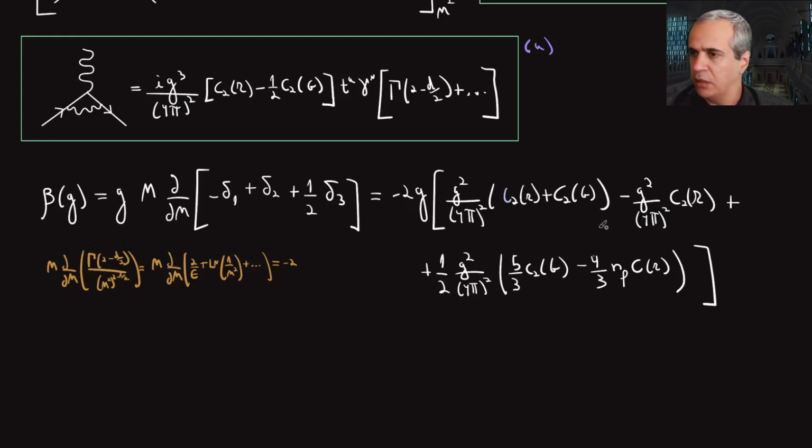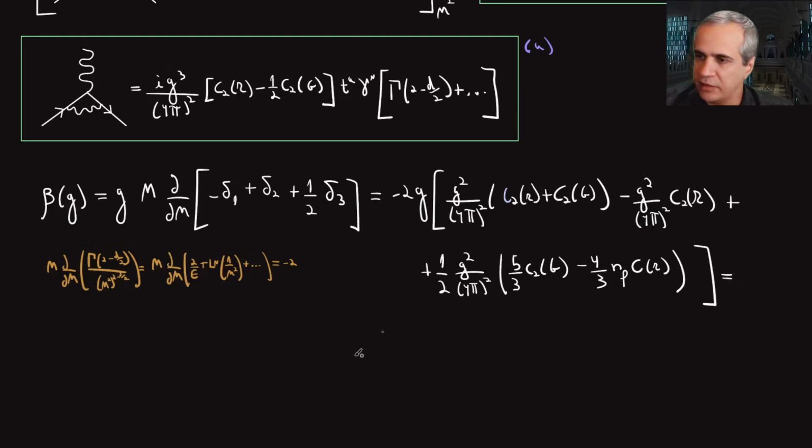Right? Now I just bring all these common factors in front, as I have said at the start. The beta function starts at order g cubed, as you can see here, right?